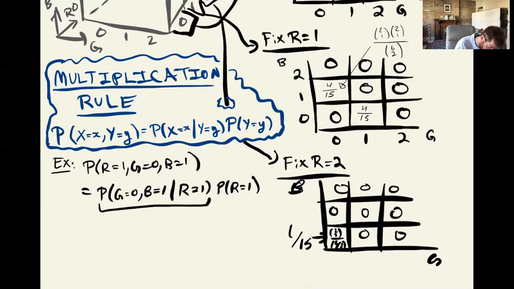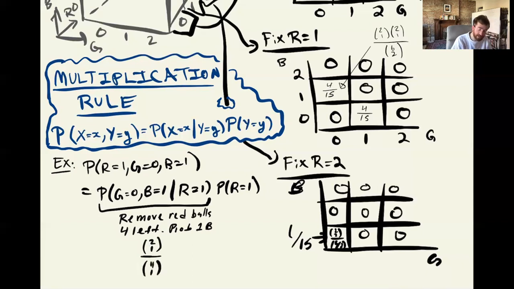Just to write this out in words, let's remove red balls. It means we have 4 left. Now let's compute the probability of 1 blue. By my lights, that looks like I've got 2 choose 1 out of my 4 choose 1 possibilities, which ends up being 50%, right? 2 over 4.